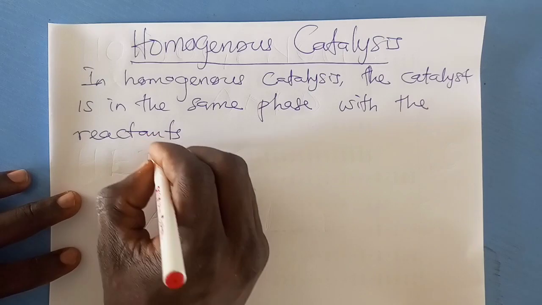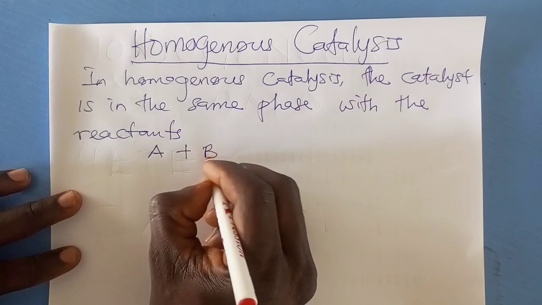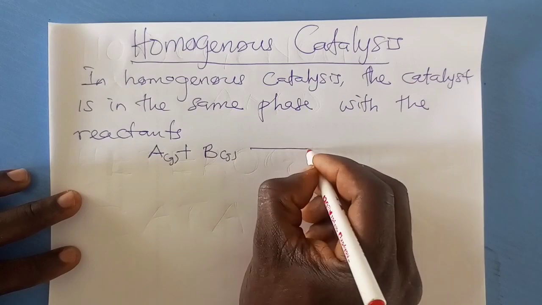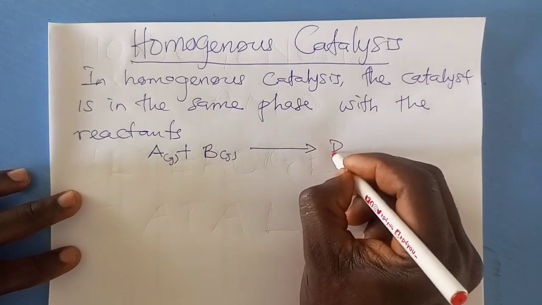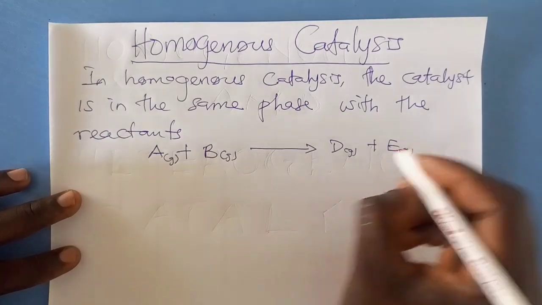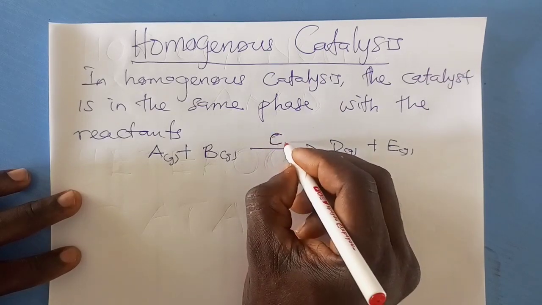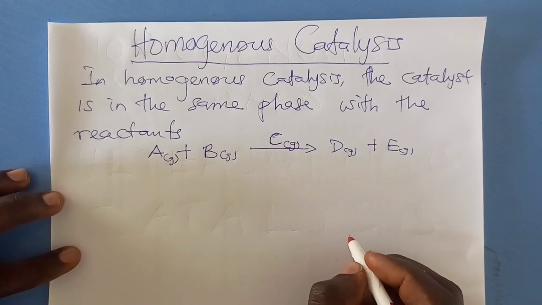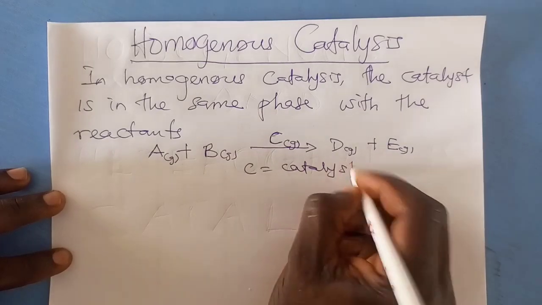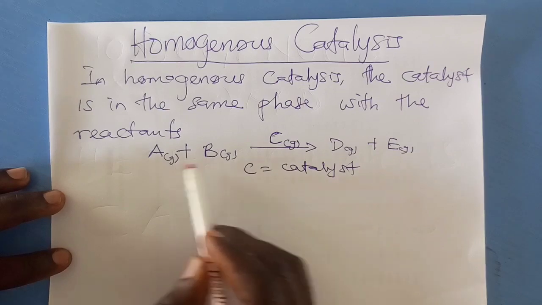For example, you have reactant A plus reactant B in gaseous state to give product D and product E. Their states of matter are given, and if the catalyst to catalyze this reaction is catalyst C in gaseous state, you can see that this catalyst is in the same phase as the reactants.